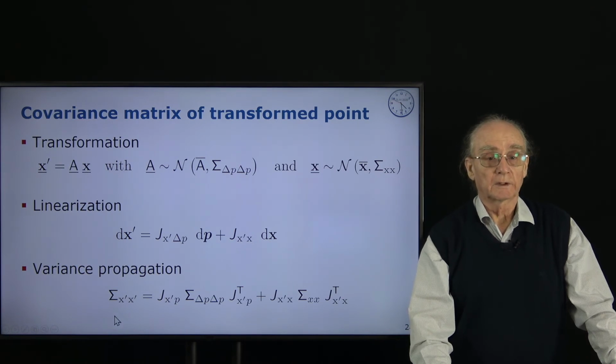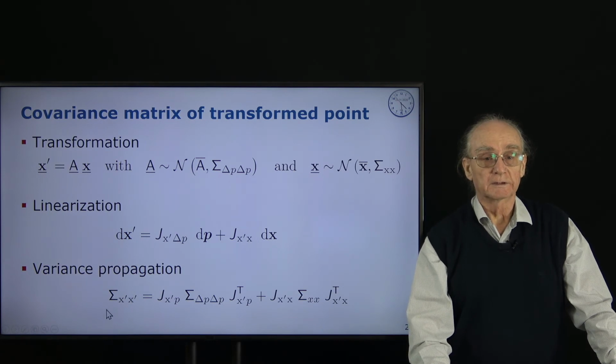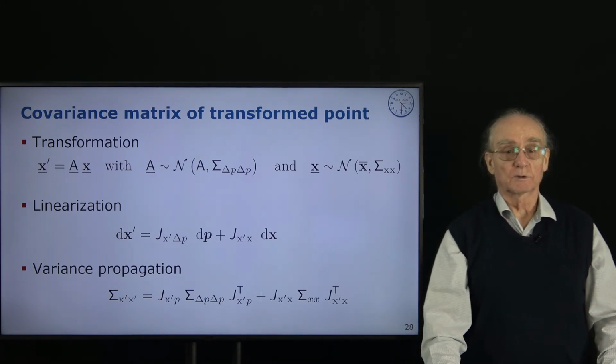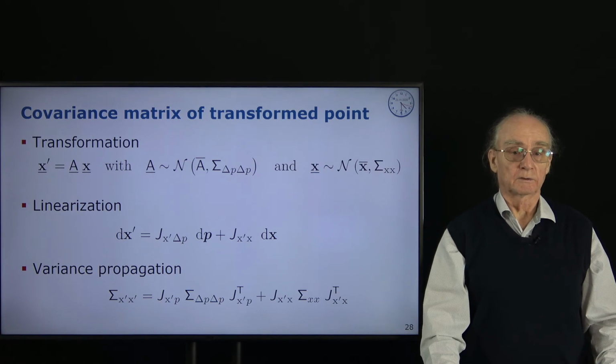And then we can directly from this equation derive the variance covariance matrix of x prime as this Jacobian multiplied with the covariance matrix of the parameters multiplied with the Jacobian transpose plus the second Jacobian multiplied with the covariance matrix of the given parameters multiplied with the transposed. All these Jacobians, of course, have to be evaluated at approximate values, but this is now quite simple.